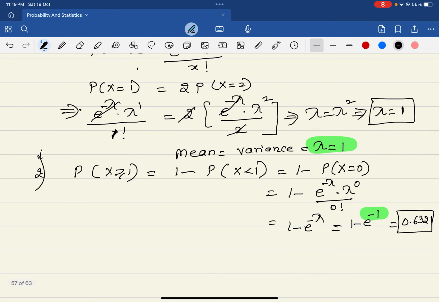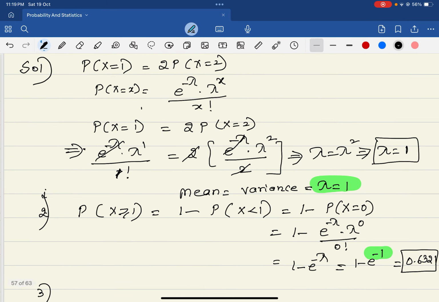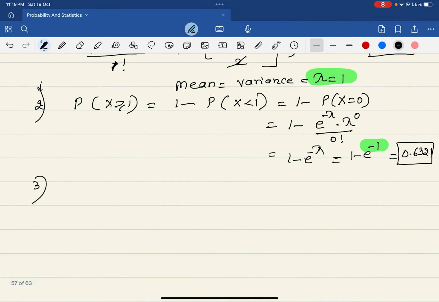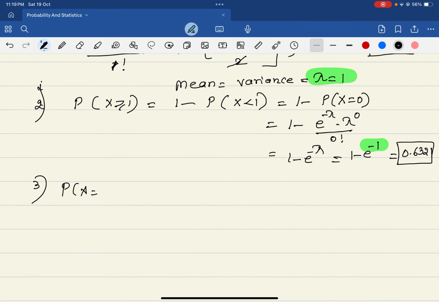Now let us go to the third question, P(x = 3). That is e raised to minus lambda, lambda power x over x factorial. Here lambda is 1 and x is equal to 3.